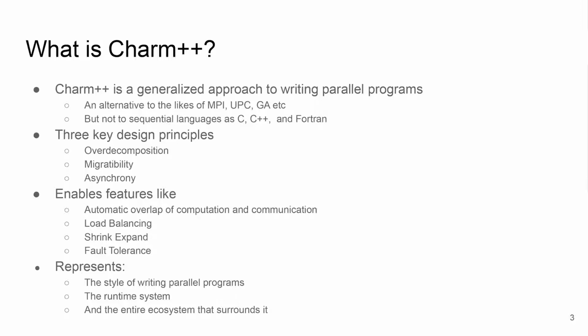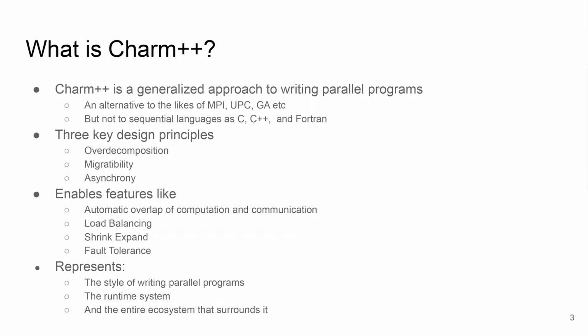So there are three key design principles in Charm++'s design, which are like the central ideas. Let me briefly go over each of them. So the first one is over decomposition. Over decomposition means basically decomposing your work and data into more units than the number of execution units that you have.